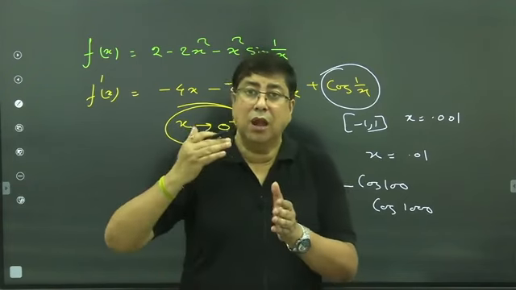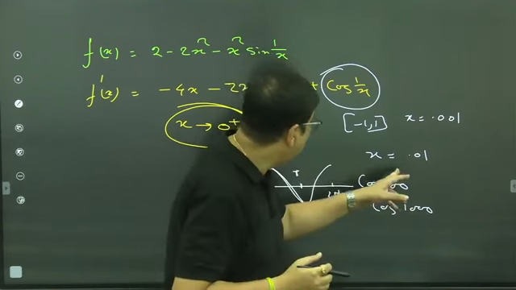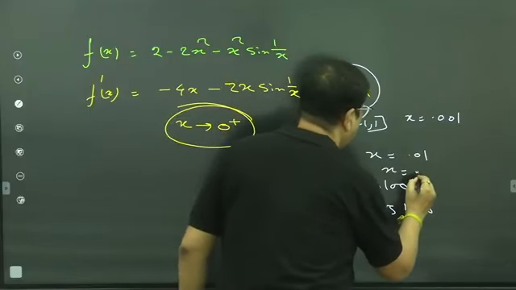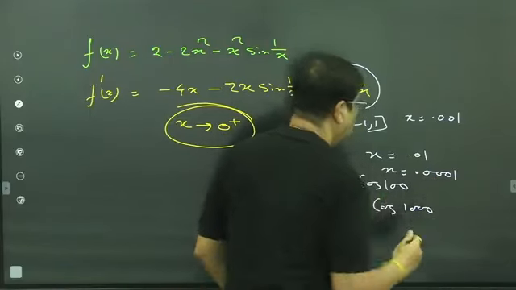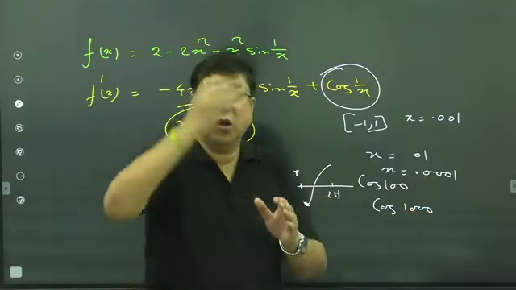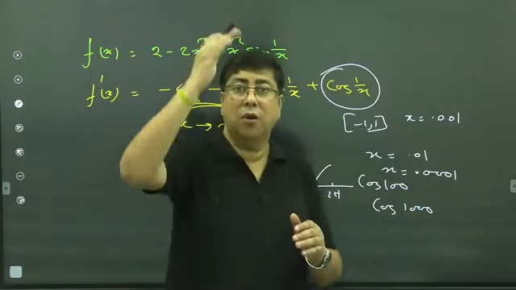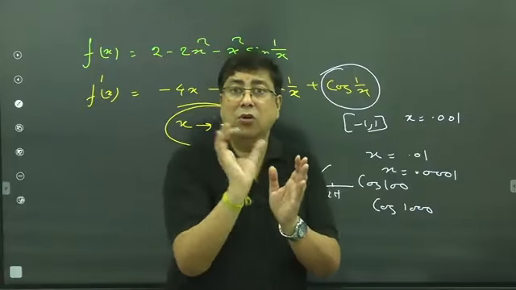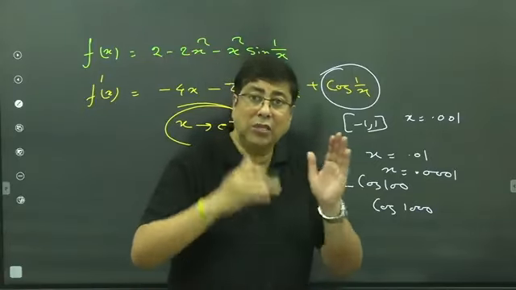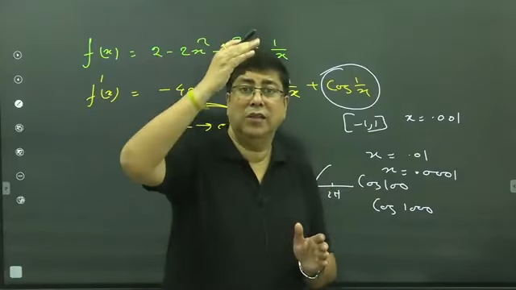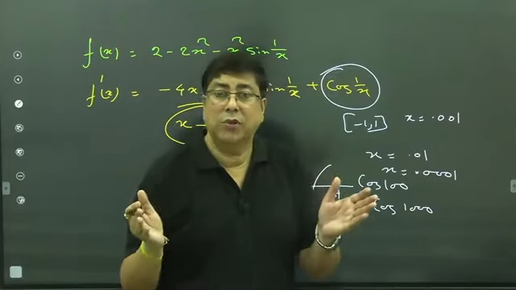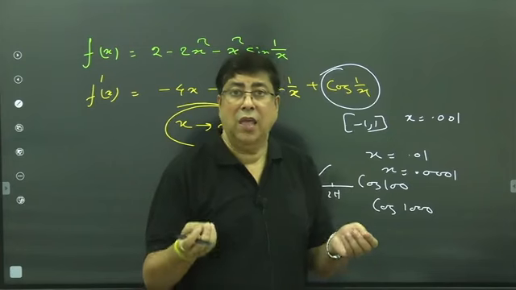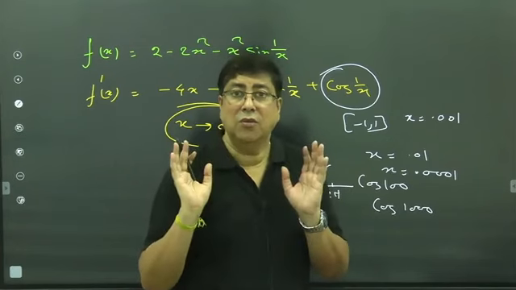The more we come nearer to the value of 0, suppose x equal to 0.0001, it will be continuously fluctuating, continuously up and down, making cycles of 0 to 2 pi, once coming up, once coming down. So it is not possible to decide where cos is increasing and where cos is decreasing nearer to the value of 0.